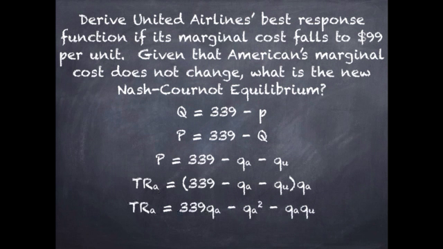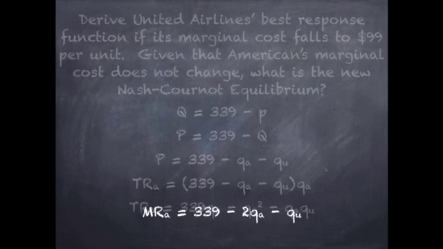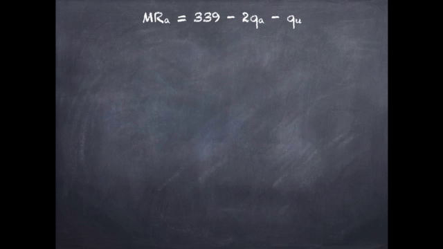We multiply QA all the way through, and that gives us total revenue for American equal to 339 QA minus QA squared minus QA QU. Taking the first derivative of that, we get the marginal revenue for American is equal to 339 minus 2QA minus QU.